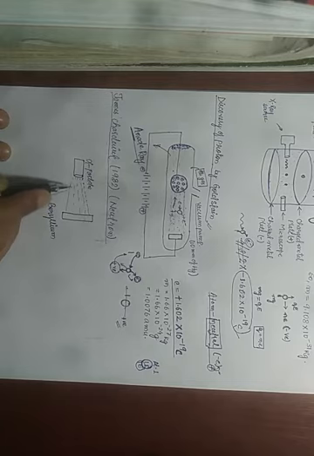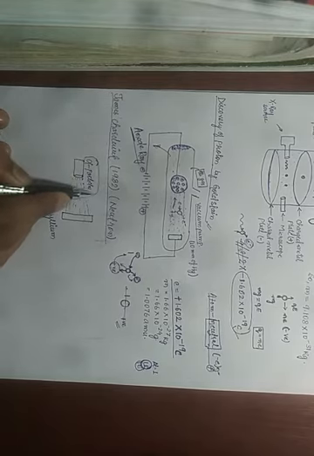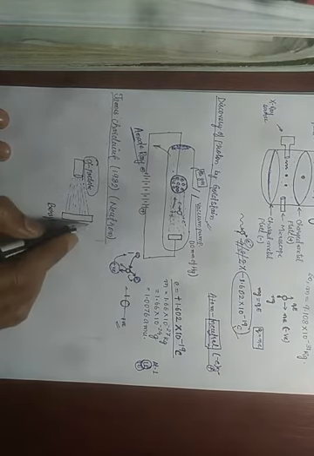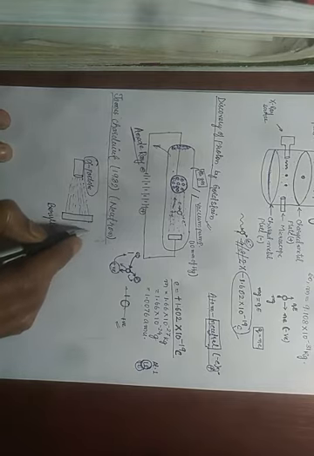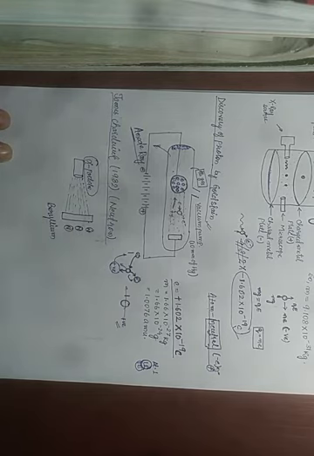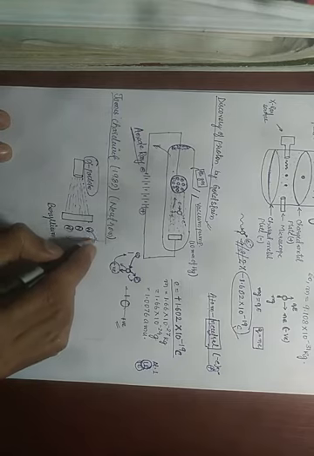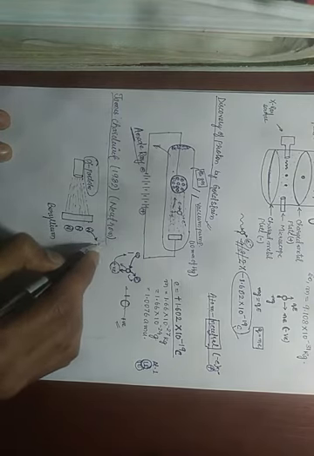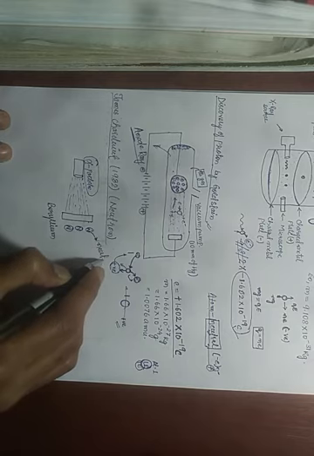Since this alpha particle carries a positive charge, when it strikes this beryllium sheet, it ejects some particles from here. When he detected this particle and saw the charge of this particle, he found it to be neutral. It was carrying no charge.